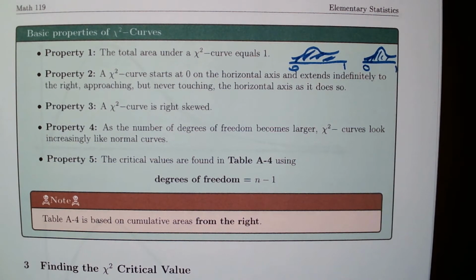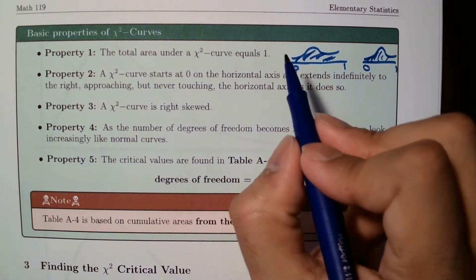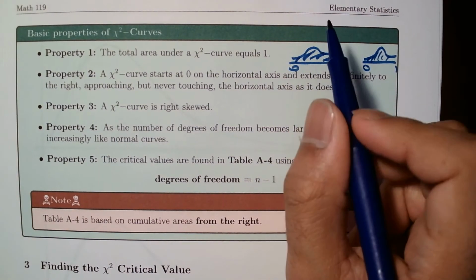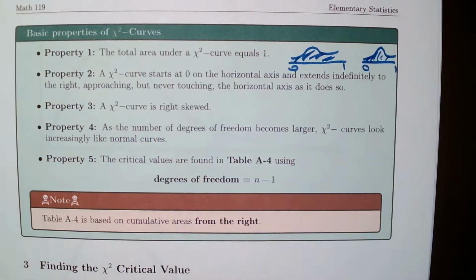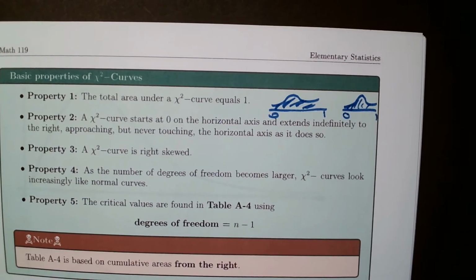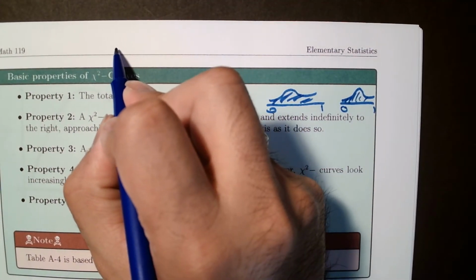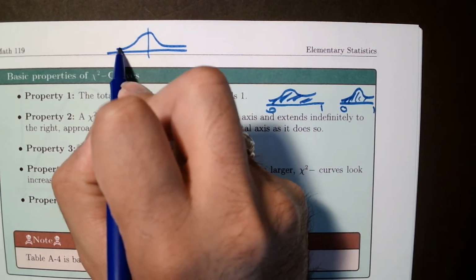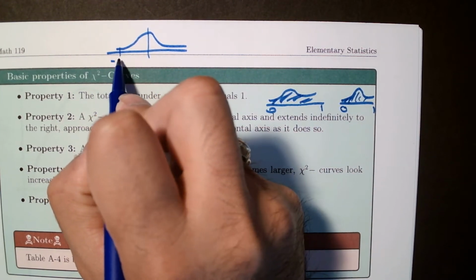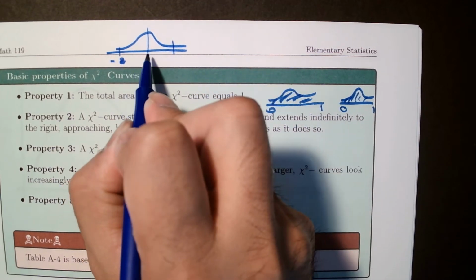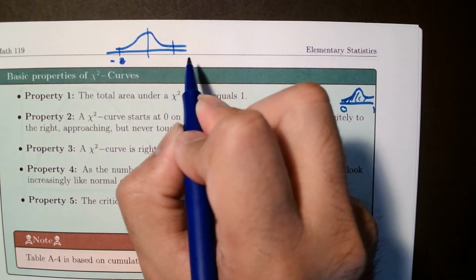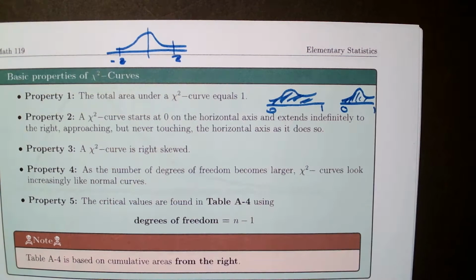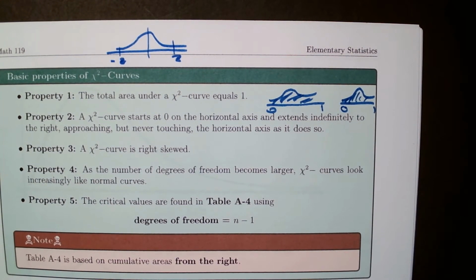All right, now what's different about the chi-square distribution? Let me do a little picture up here. The normal distribution had negative z-scores on the left of the mean, and positive z-scores on the right of the mean.